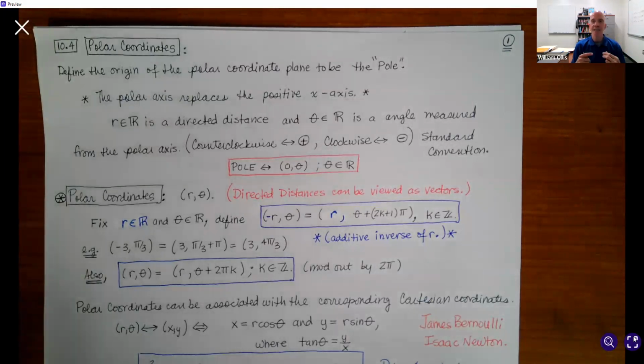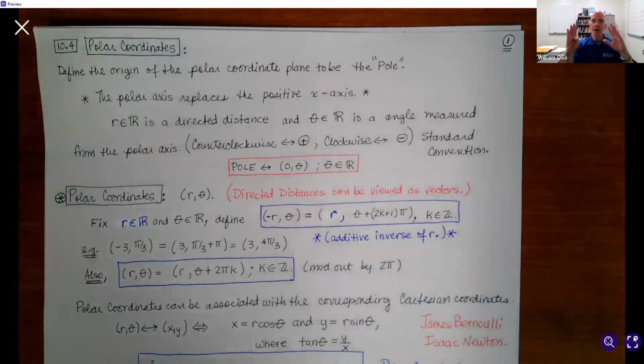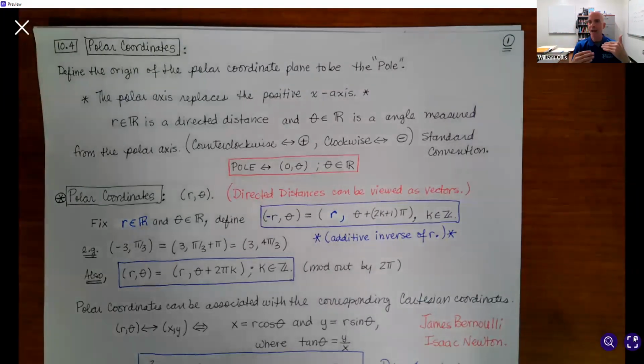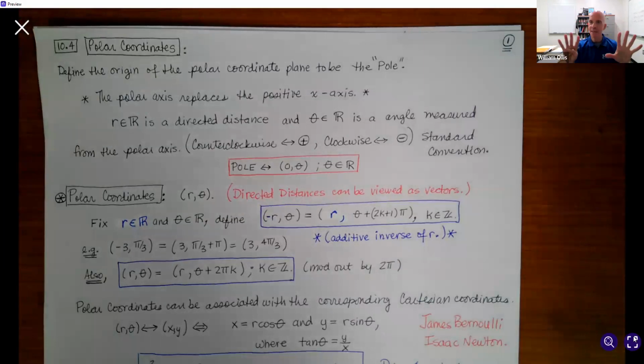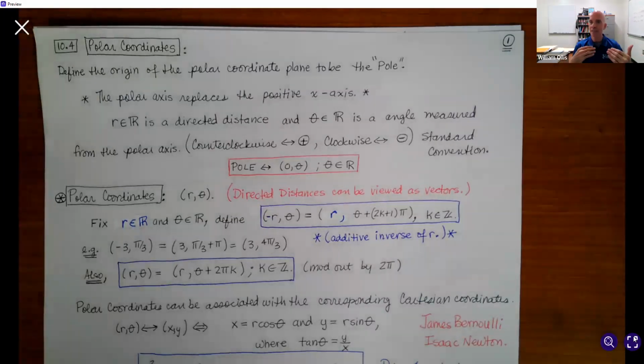The idea is that we can think of the positive, negative, x and y axes as kind of being in the background, just to orient us like we're using the unit circle.